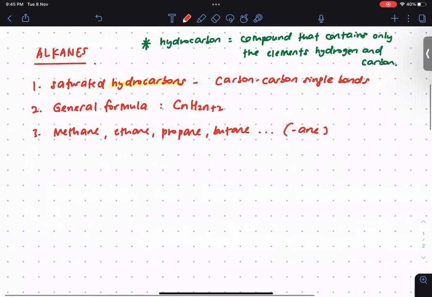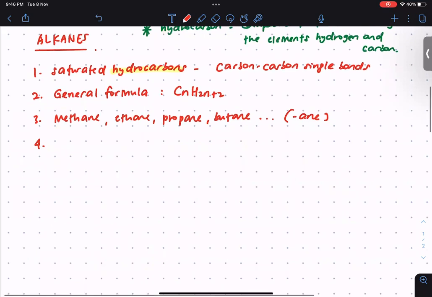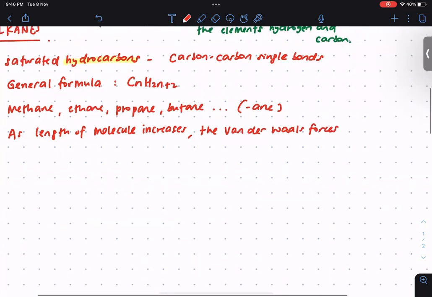All right. And then you must also understand that as they extend out and have a larger molecule, as the length of the molecule increases, the van der Waals forces become stronger.